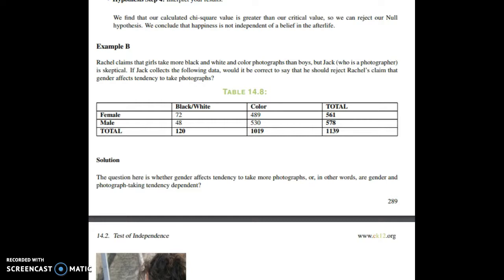So, we'll start with the null hypothesis. The null hypothesis is always that two variables are independent. So, in this case, we should make the null hypothesis that gender and preference for the color of your photographs is independent.